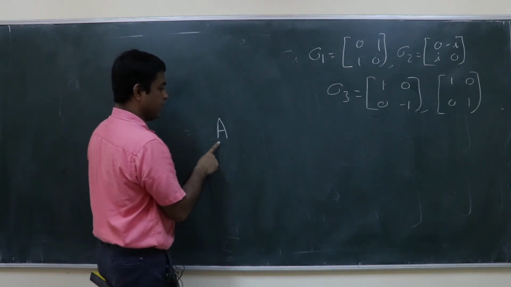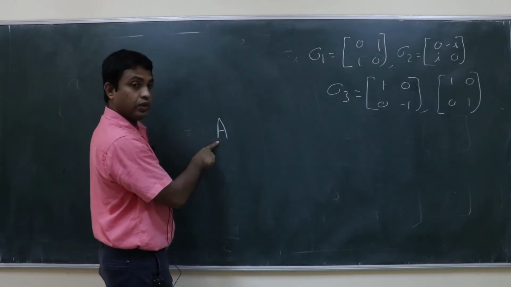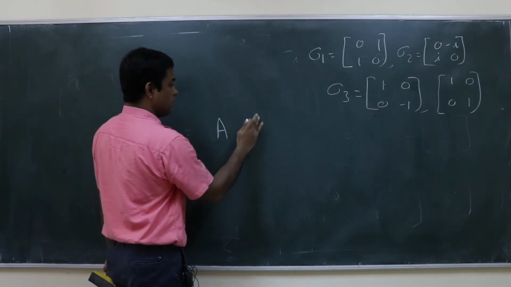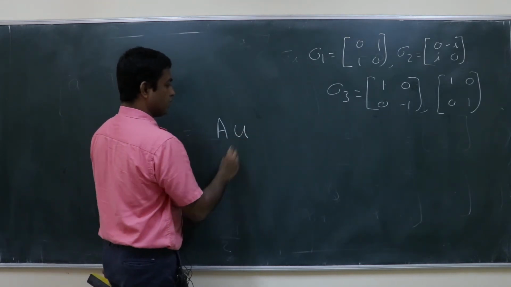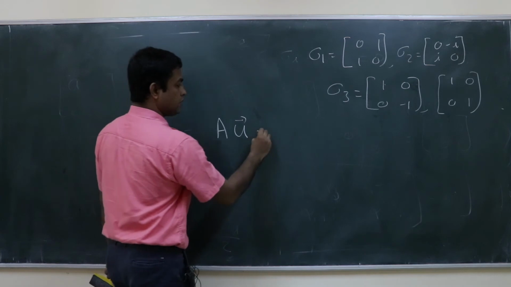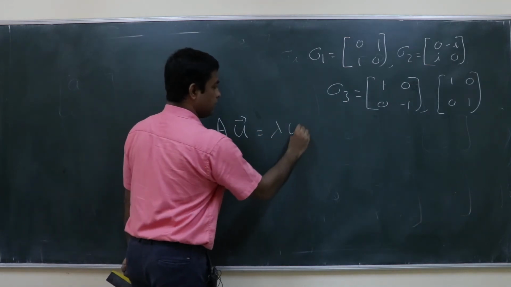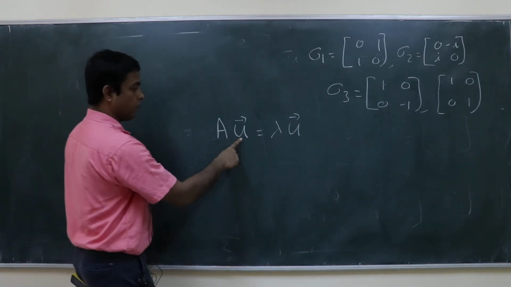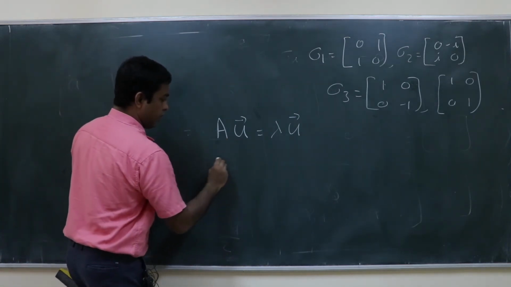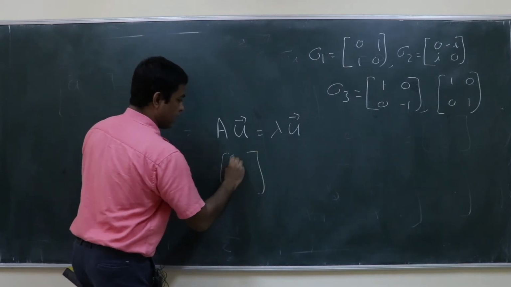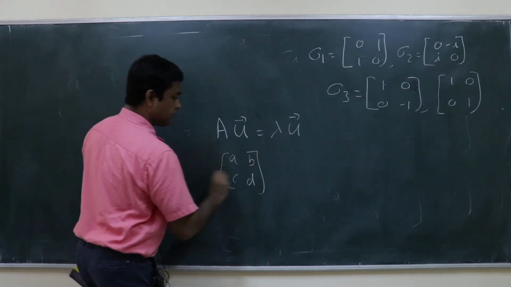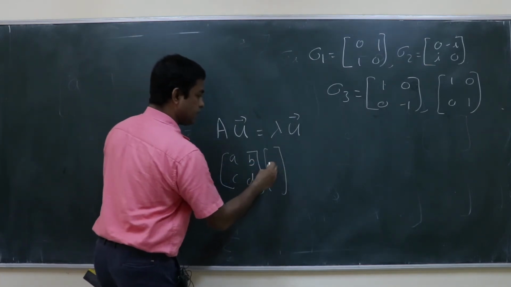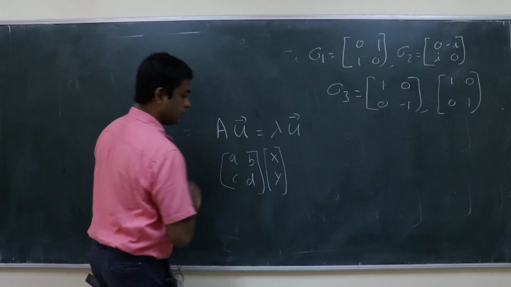If I have a matrix A, what is the eigenvalue equation? A acting on some vector u equals lambda u. This u is basically a column matrix. If I have a 2 by 2 matrix A, B, C, D, then the vector u is some unknown column x, y.